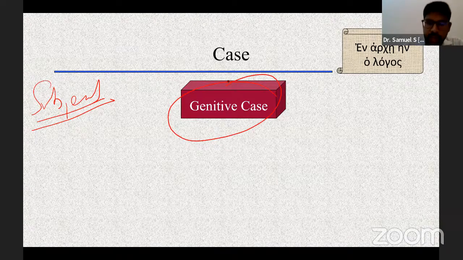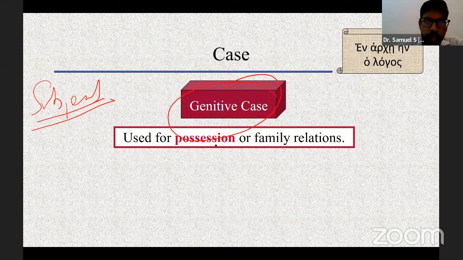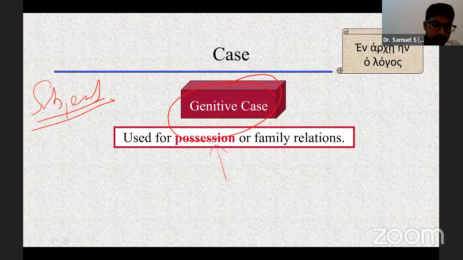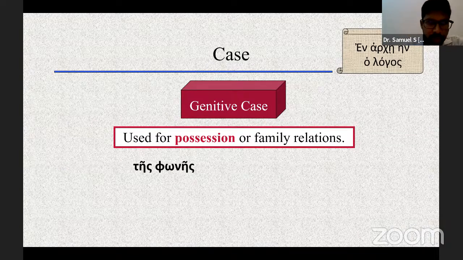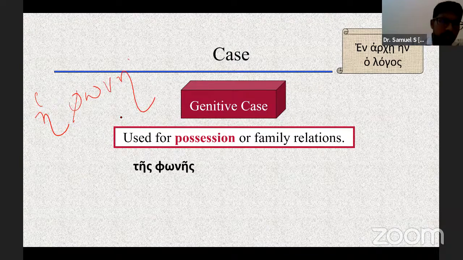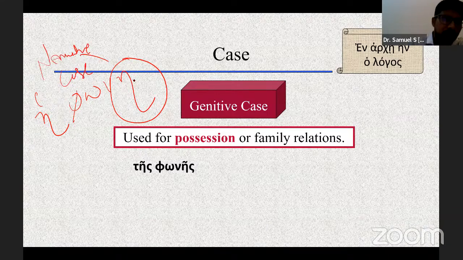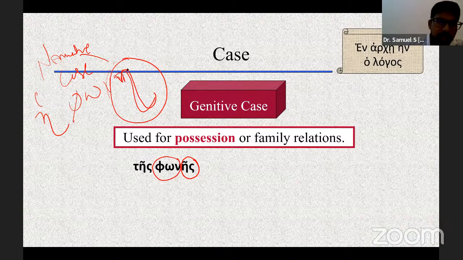Next case. Nominative case is the subject case. The genitive case is used for possession or family relations. For example, remember we just saw he phone. This ending told us that it's in the nominative case. Now look at this ending. It's still phone. In the nominative case, the ending was eta.